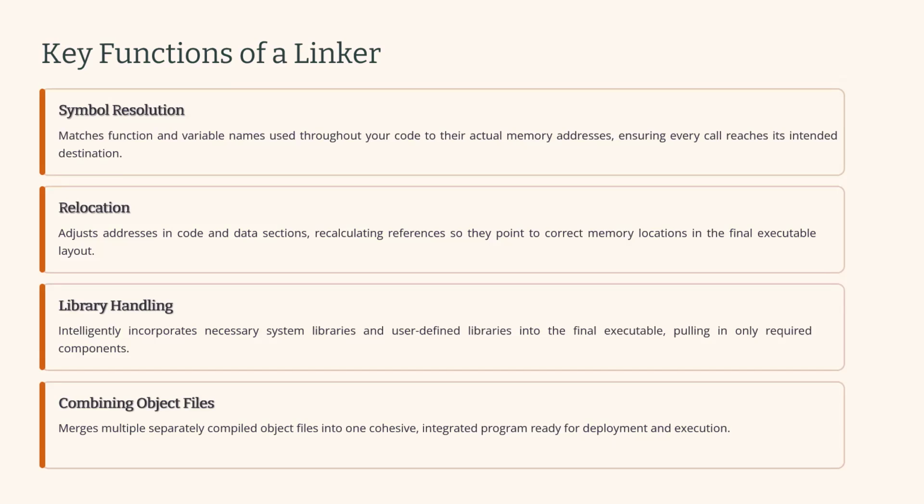It resolves symbols, it adjusts memory locations through relocation, incorporates all required libraries, and generates the final executable file. In other words, the linker is like the final phase of city integration, connecting roads, wiring power lines, and activating systems so that the entire city functions together.